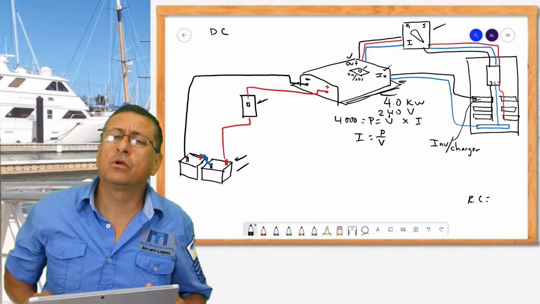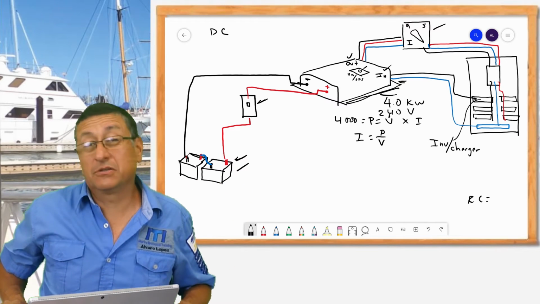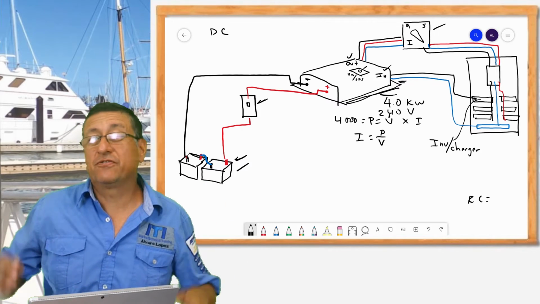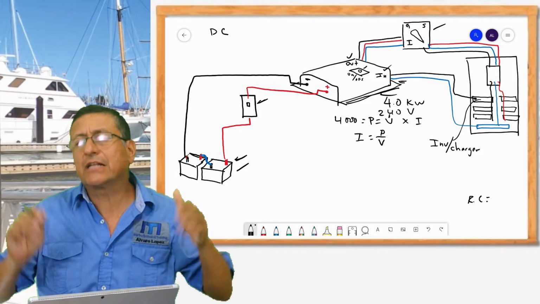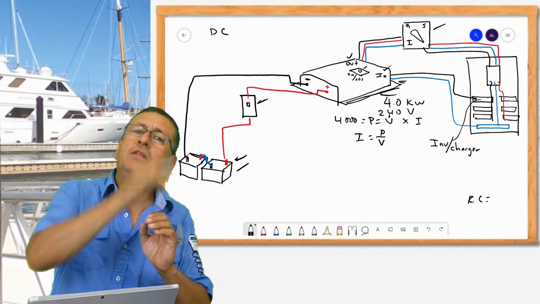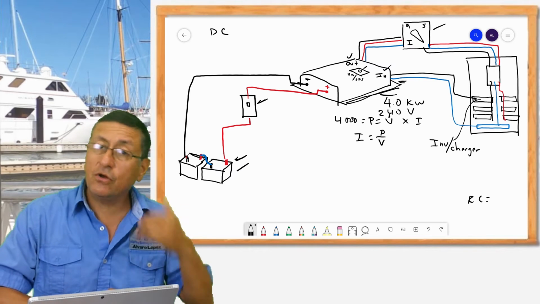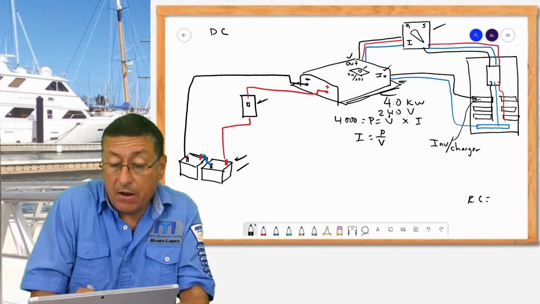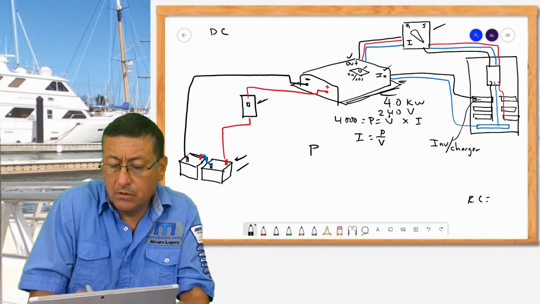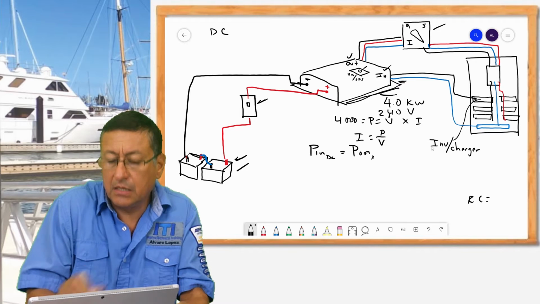Why a little more? Because you have dissipation of power, because of heat, because of friction, because a lot of factors affect the output. You need to put in the input a little more, normally 10-20%. We are going to do the exercise because the power at the input in DC should be equal to the power at the output AC.